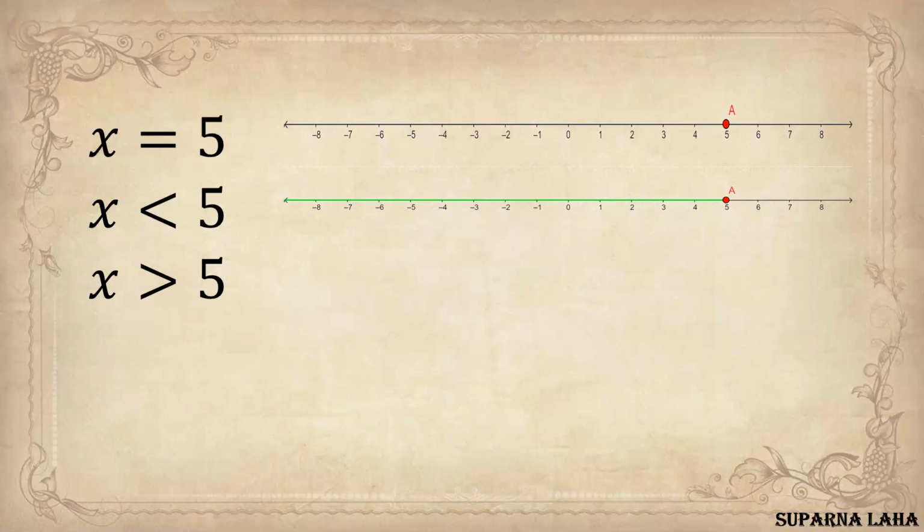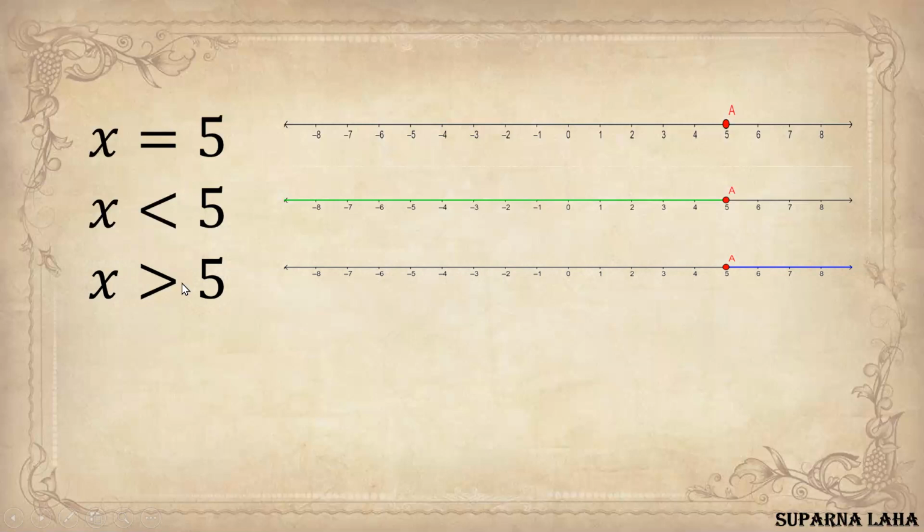That means starting from just after 5, all the elements on the number line are solutions of this inequality, x greater than 5.